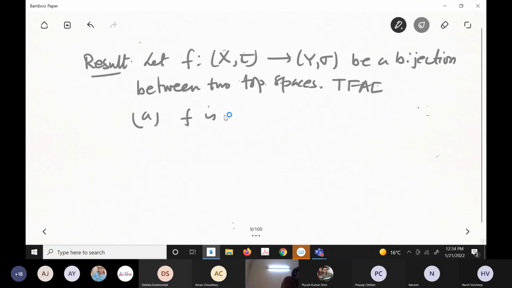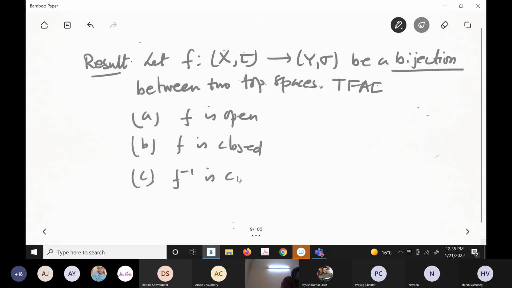A, f is open. B, f is closed. C, f inverse is continuous.